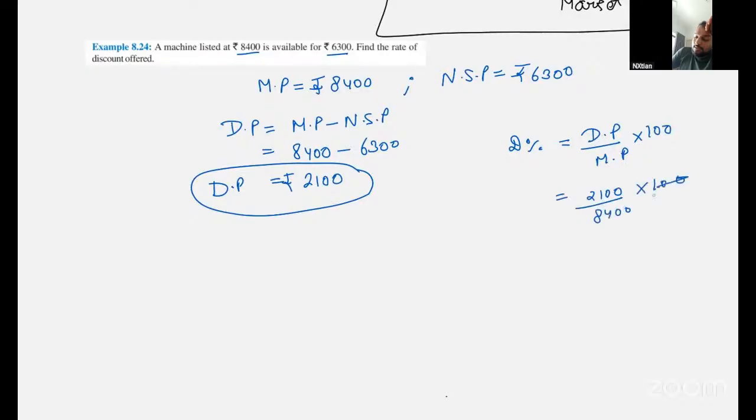Then this and this will cut, this will become 1 and this will become 4. So if I solve this, I will get the answer as 25%. The discount is 25%. Did you listen, guys?